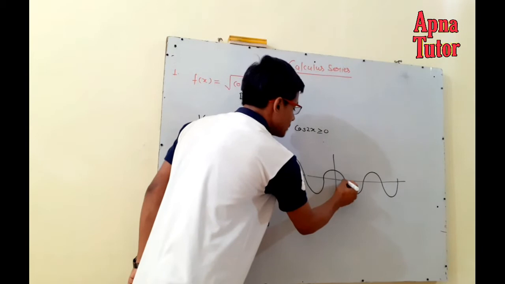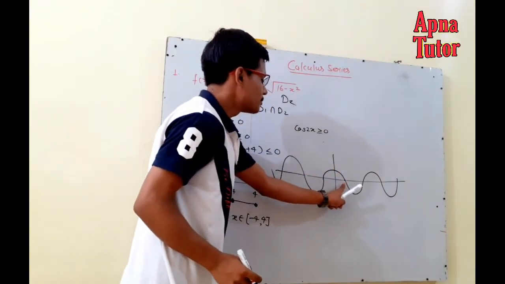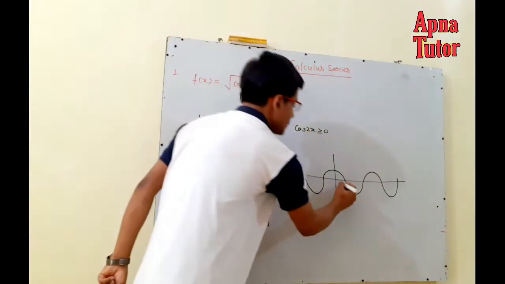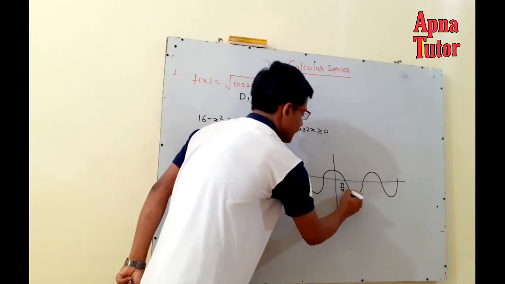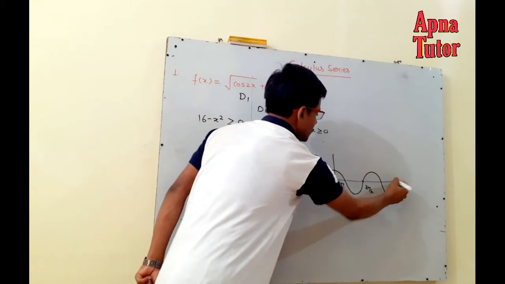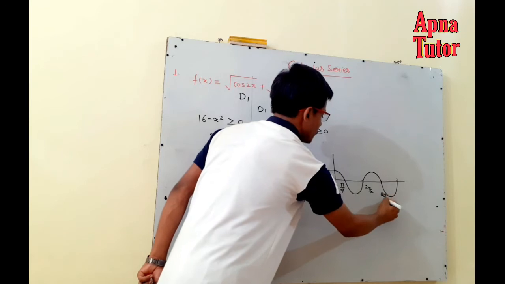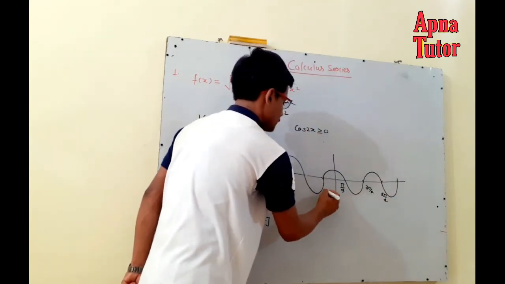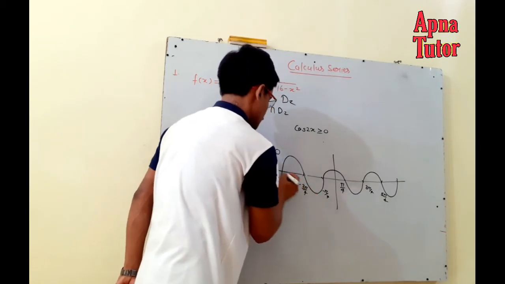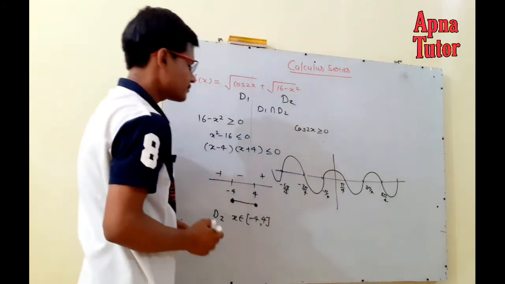So what will be these points? When you have pi by 2 here, your function cos x will get 0. So this will be pi by 4, this will be 3 pi by 4, and this will be 5 pi by 4, and also minus pi by 4, minus 3 pi by 4, and minus 5 pi by 4.